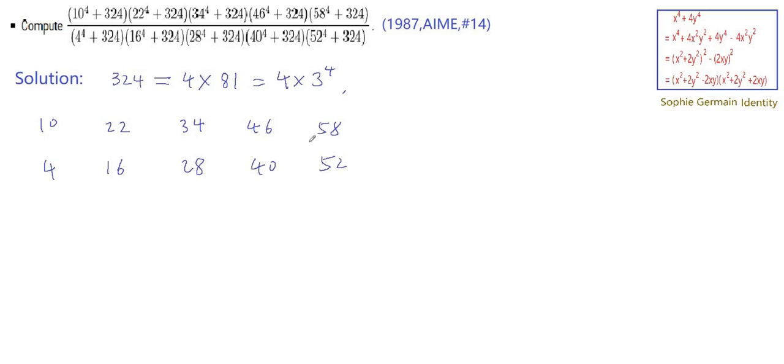What can we find? This one minus this one is 6, this one minus this one is 6, 6, 6, 6. So the upper one minus the lower one is always 6.